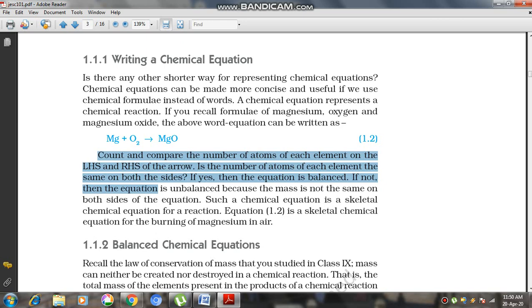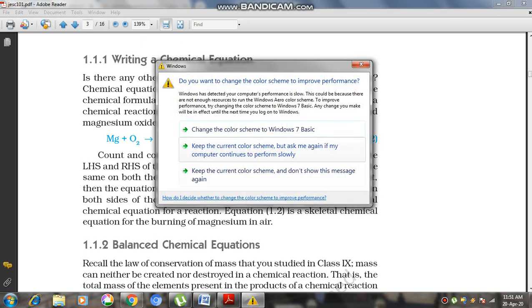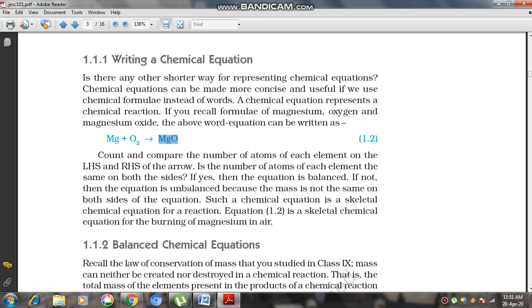When writing a chemical equation, you must ensure that it is balanced. The number of atoms in the reactants is equal to the number of atoms present in the products.